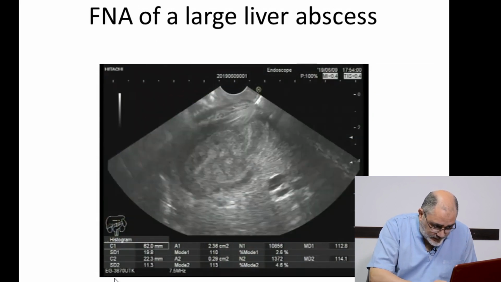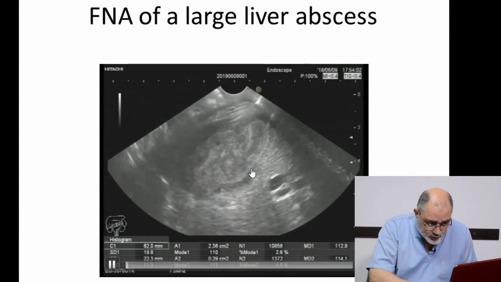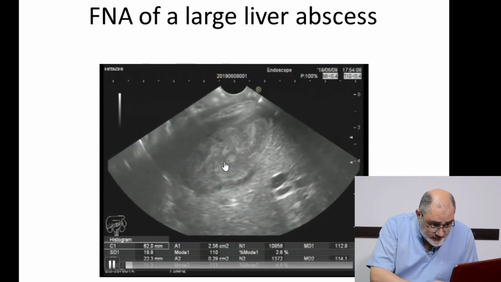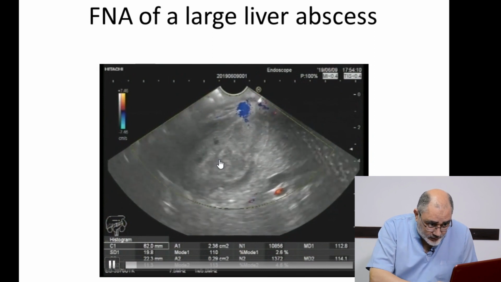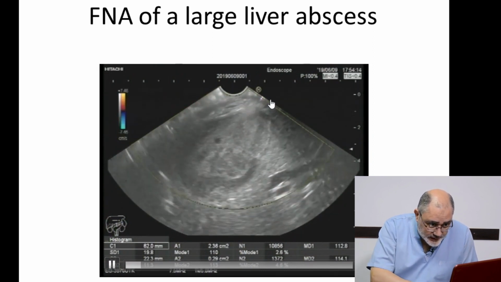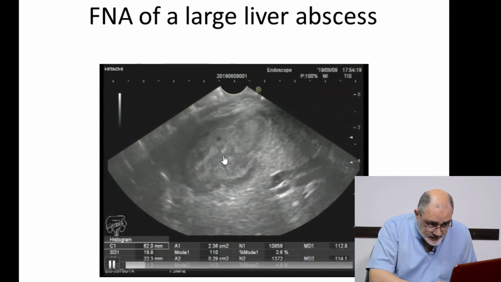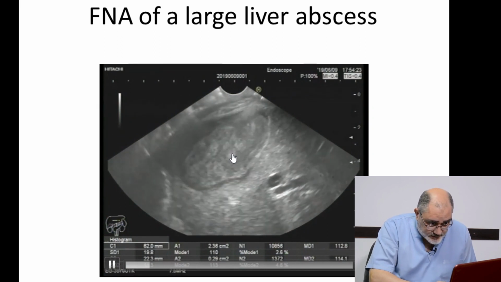Here I can do fine needle aspiration to be sure that it is an abscess and to obtain some fluid for culture and sensitivity. And here we can put a double pigtail stent between the gastric lumen and the abscess cavity, exactly like cystogastrostomy in large abscesses.